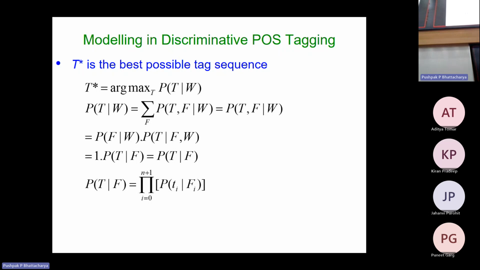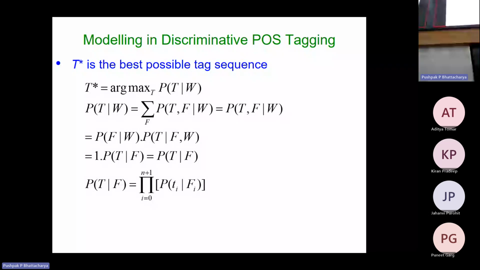The way it is done is that T star is argmax over all possible T of probability of T given W. This is the basic formulation. Then the next step is that probability of T given W is marginalized with another random variable called F. F is the feature vector corresponding to W.